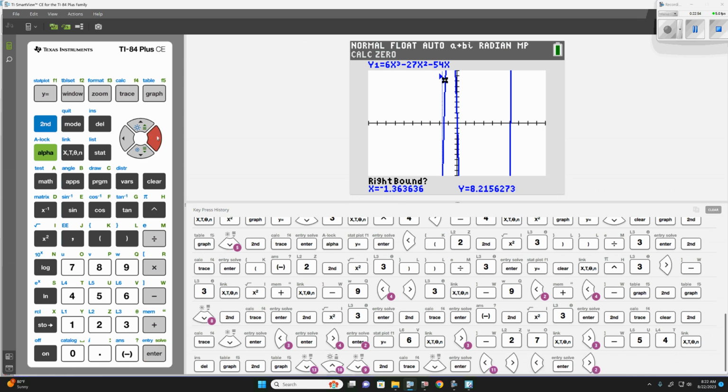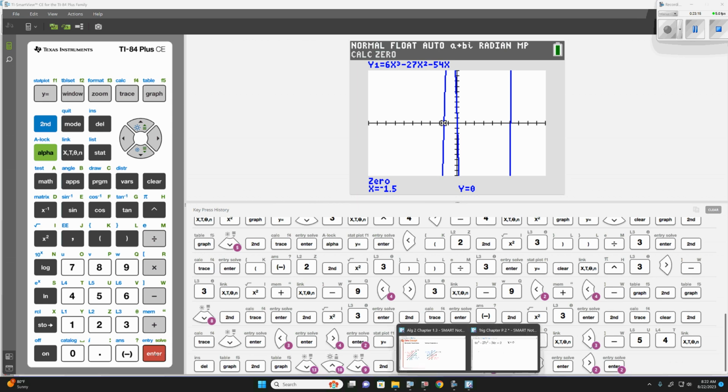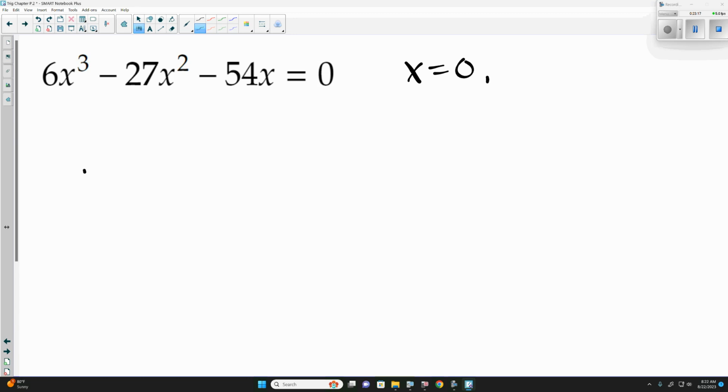So now we need it above the X-axis. When we get it there, we'll hit enter. Now this third one's asking us to guess what we think it might be, but I don't want to guess. Hit enter again. So our third 0 is negative 1.5. Those are our 3 solutions.